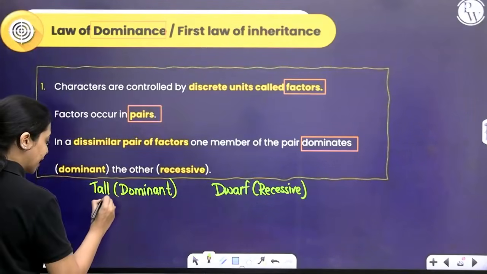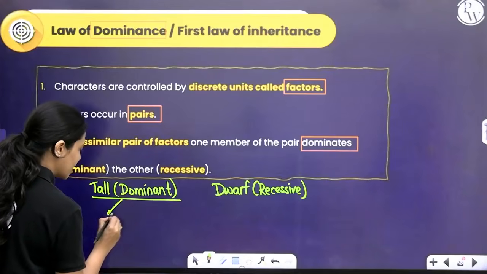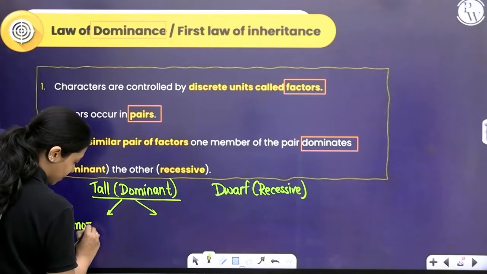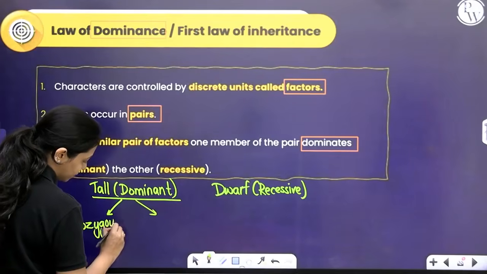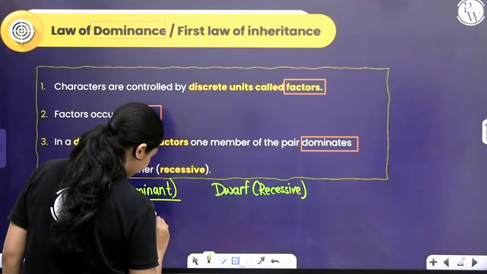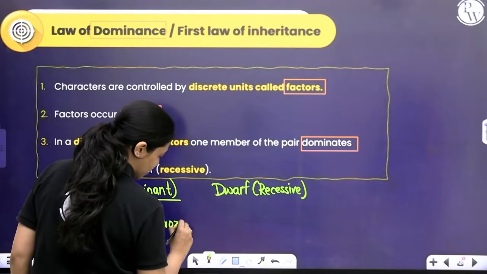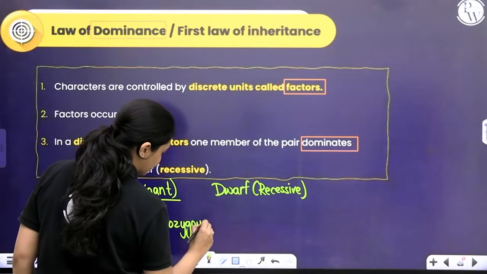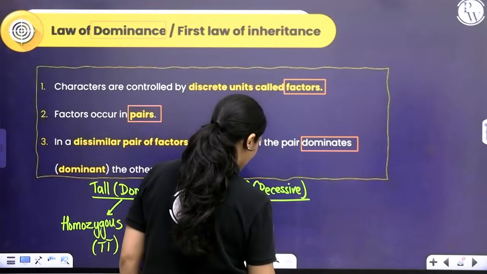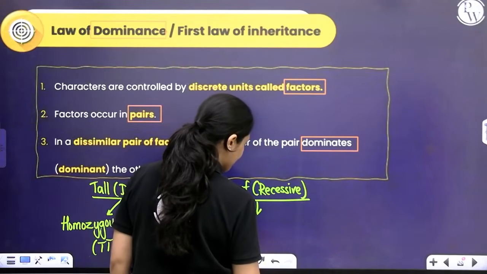The tall trait, dominant trait, always can exist as homozygous condition, in which case it will be capital T, or it can be in heterozygous condition, capital T, lowercase t. But dwarf is always homozygous.